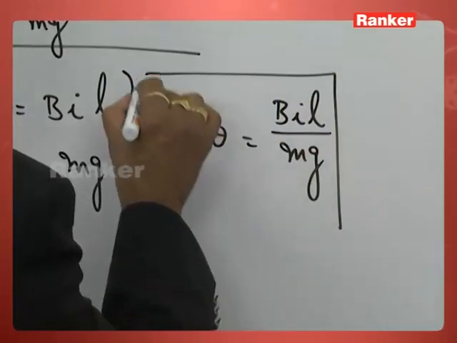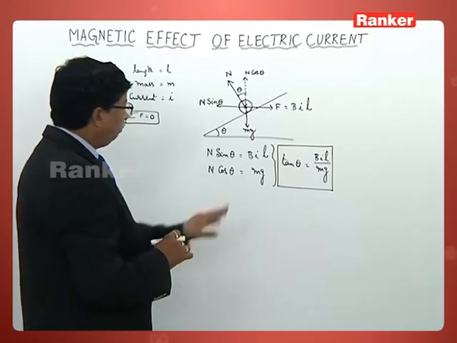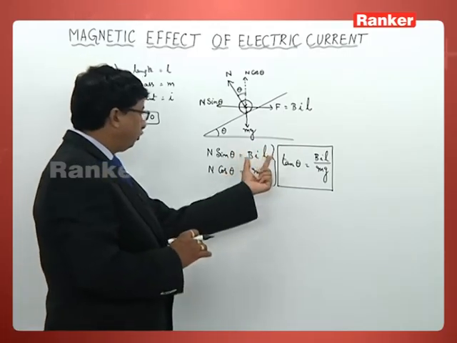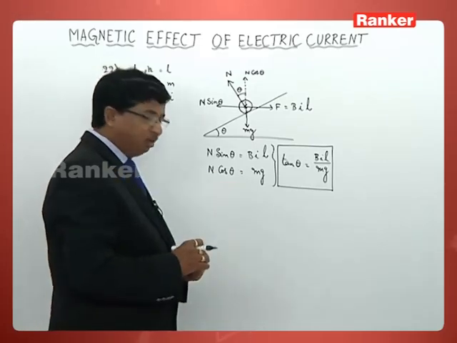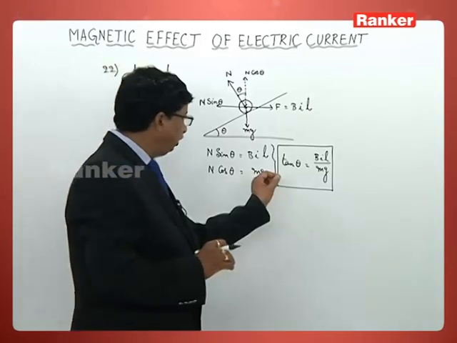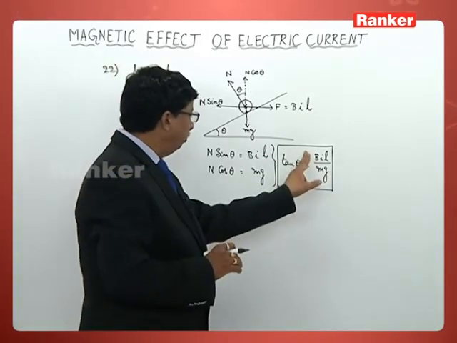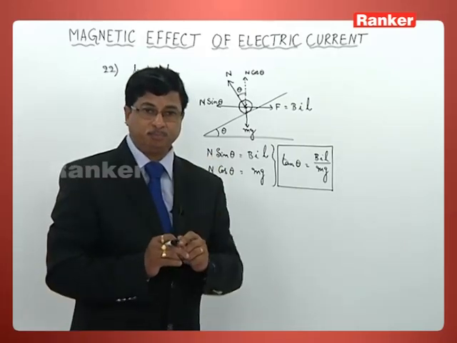This must be the equation for tan theta. BIL is the force due to the magnetic field acting on the conductor, and mg is the weight of that conductor. So tan theta must be equal to BIL by mg. That must be our answer.